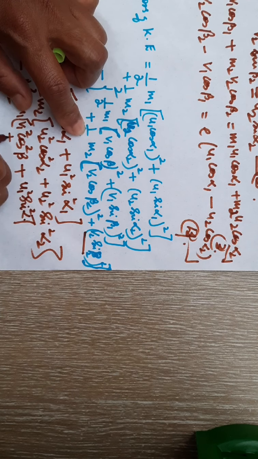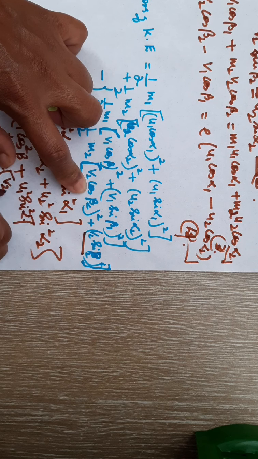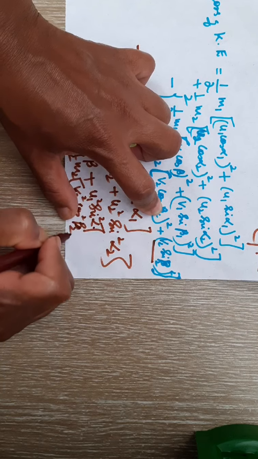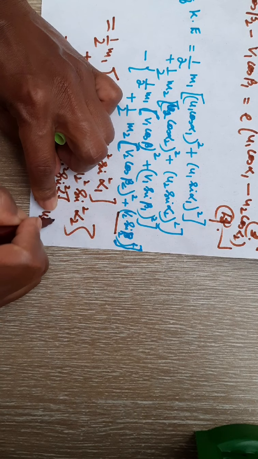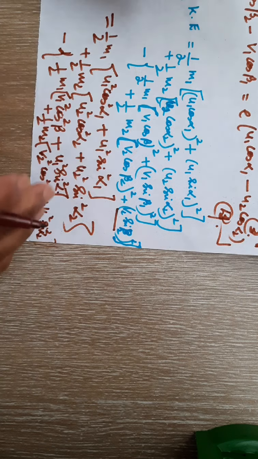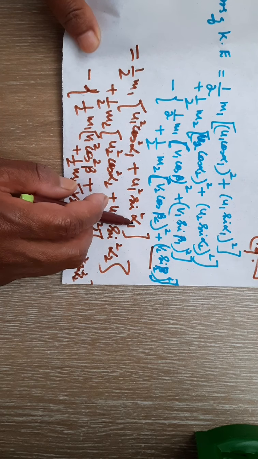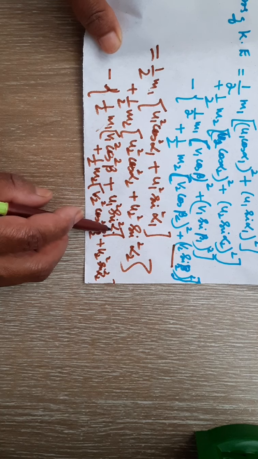Then next will be plus half m2, then v2 square cos square beta 2 will remain as it is. But for v2 sin beta 2, you have to replace it from equation 2. We have it as u2 sin alpha 2, so it will become u2 square sin square alpha 2. Now you can see from here I have half m1 u1 square sin square alpha 1, and here I have it as minus half m1 into u1 square sin square alpha 1.